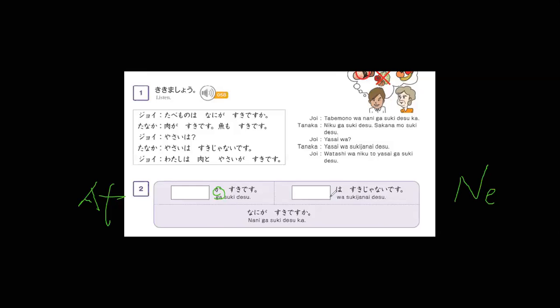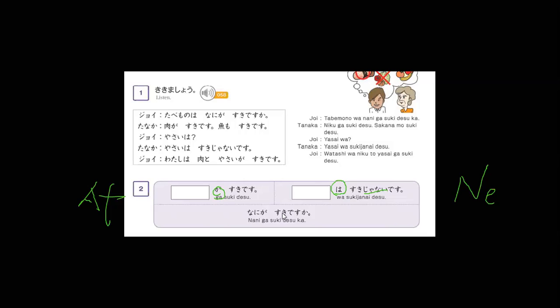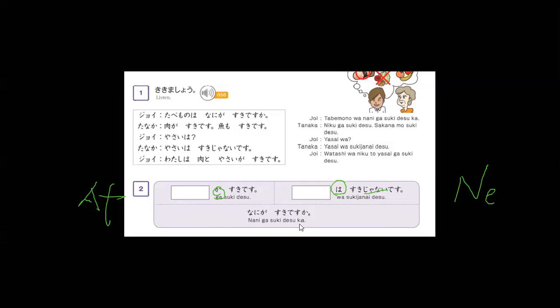But for the negative expression, we use は here. Please pay attention here. And of course, this part has changed too. 好き and 好きじゃないです。There is also a question. 何が好きですか? Nani means what, so what do you like?